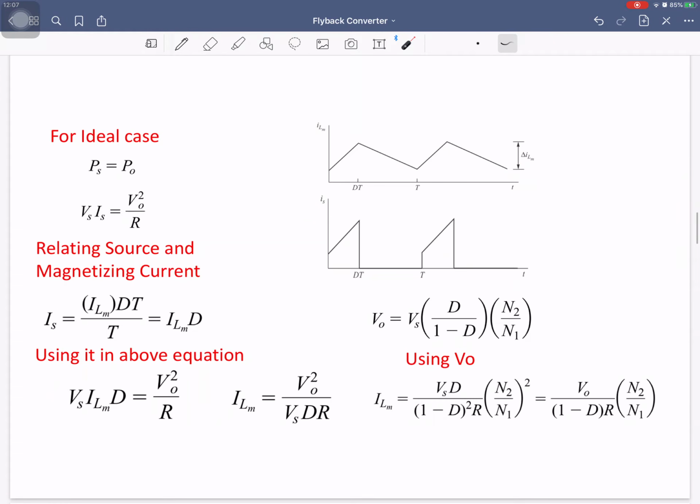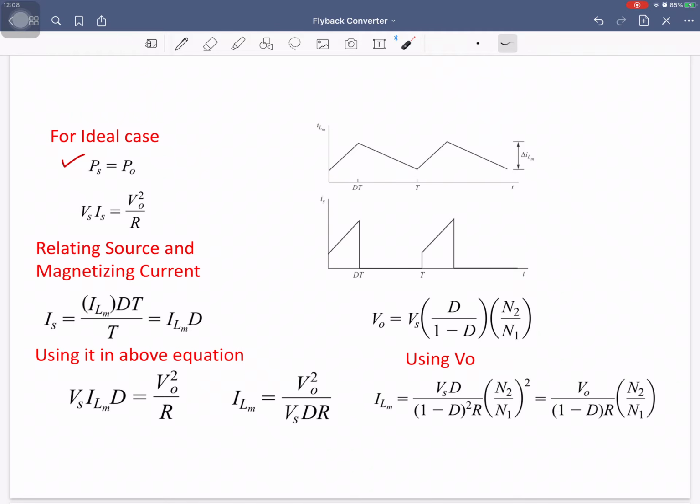Right? Okay, now let's move towards this slide. Let's assume that our converter is ideal. So whatever will be your input power, that will be your output power. So PS, supply power, will be equal to your output power, and supply power is the product of the supply voltage and supply current, and the load power is V squared by R. Right?